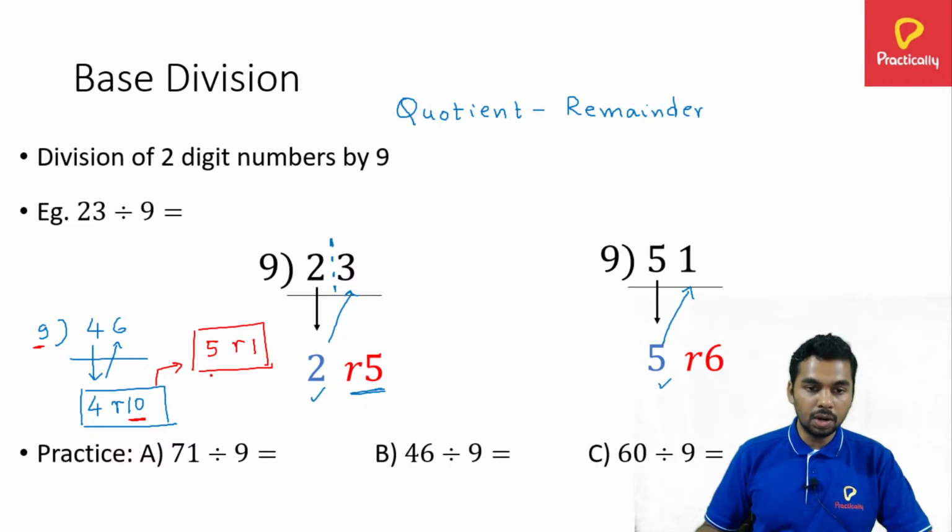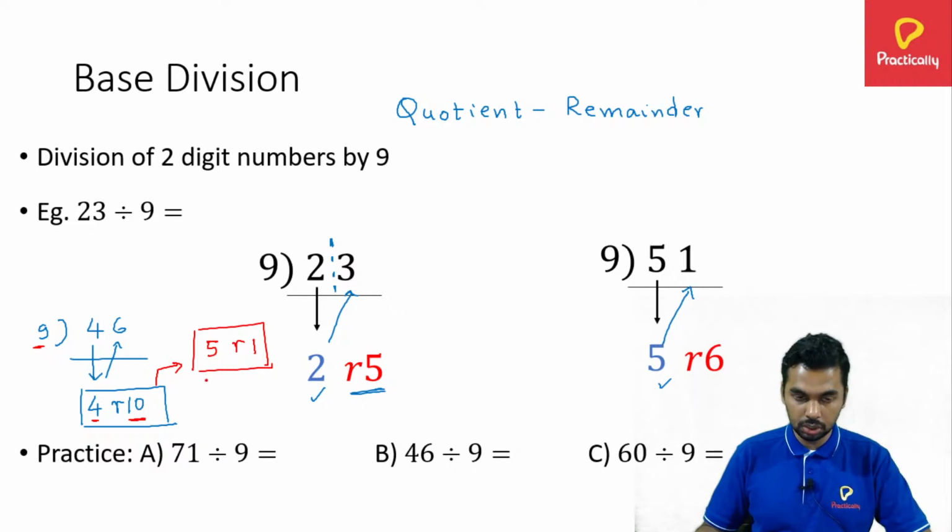So Manvita, you have to increase the quotient by 1 because I am getting a 9 out of the remainder 10. So that is why you have to add 1 to the quotient. So I will talk more about it in the next class about this remainder modification method.